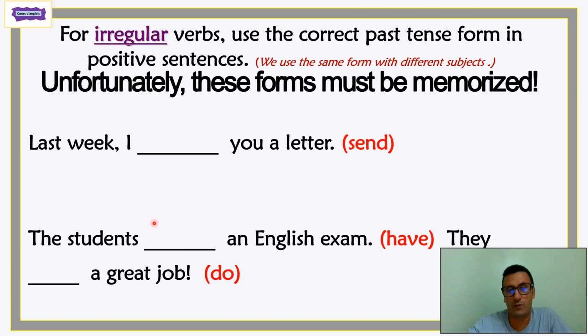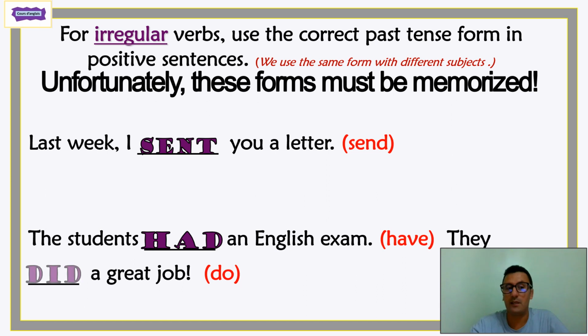Le verbe qu'on va conjuguer ici, c'est to have. Après, they, le verbe, c'est to do, a great job. Alors, qu'est-ce qu'on dit là? To send devient quoi? Sent. Last week, I sent you a letter. Après, qu'est-ce qu'on a? The students had an English exam. Après, they, le verbe, c'est to do. Le passé, c'est did.